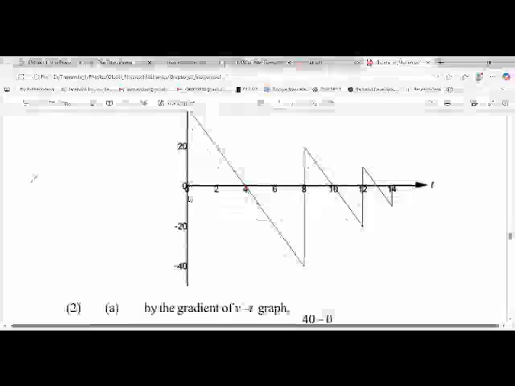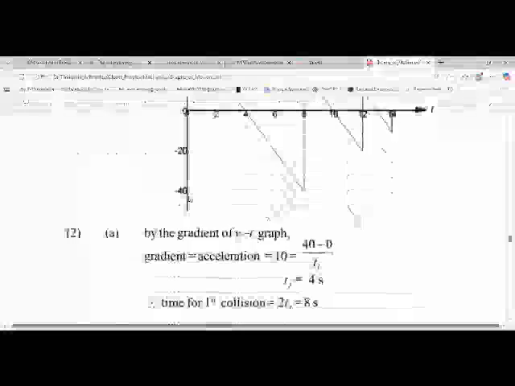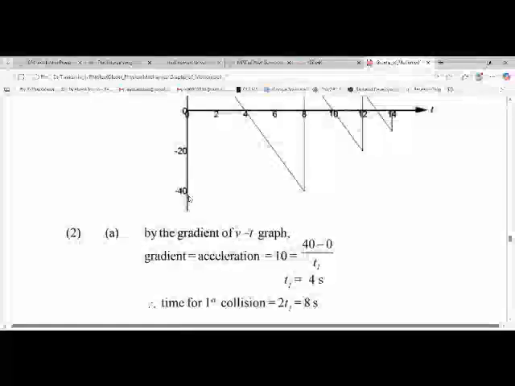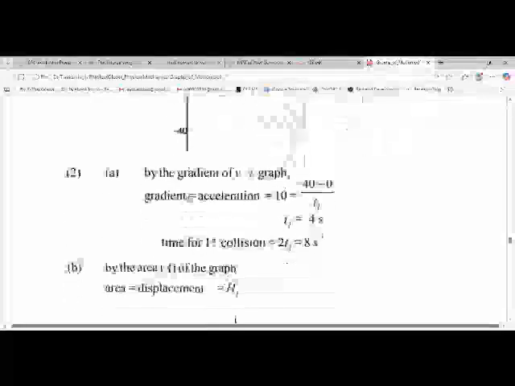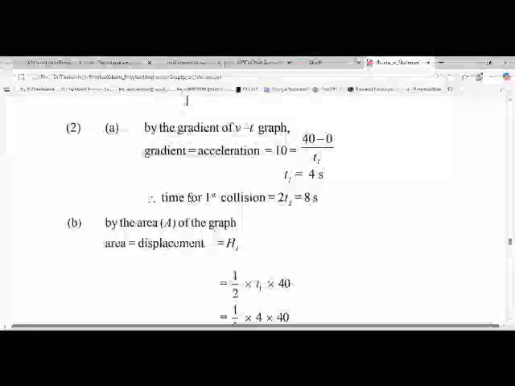Okay, you can check these answers. Also, you can calculate these gradients. Like the previous case, you can find the gradient from those triangles: y difference over x difference, or velocity difference over time difference. Okay. Also, area represents displacement.